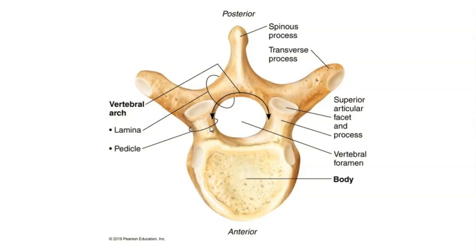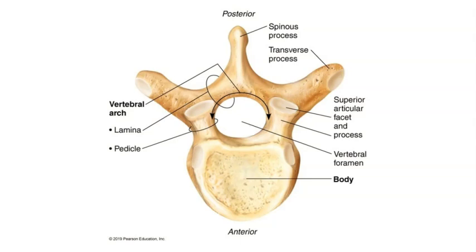The pedicles essentially form the junction between the body of the vertebra and the rest of the vertebral arch. And if you imagine the vertebral arch as a house shape, the lamina essentially forms the roof of that house. So together, the body and the vertebral arch enclose an opening called the vertebral foramen.